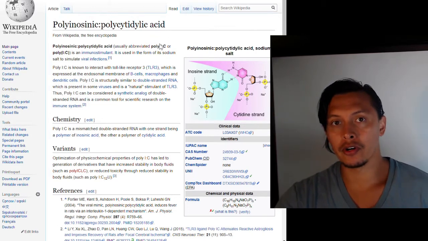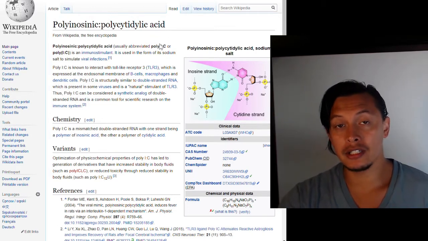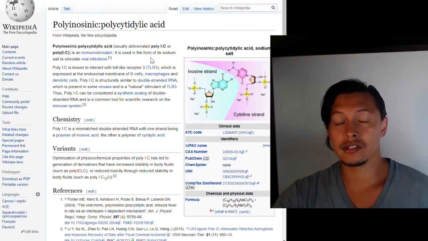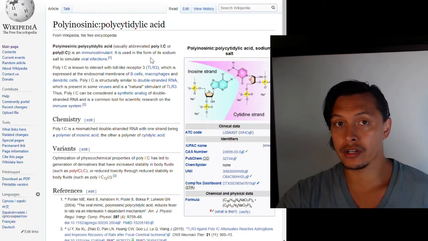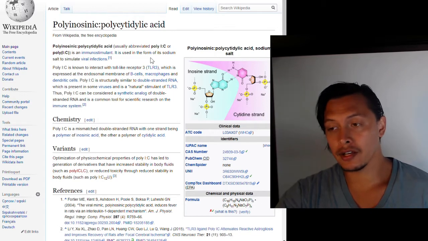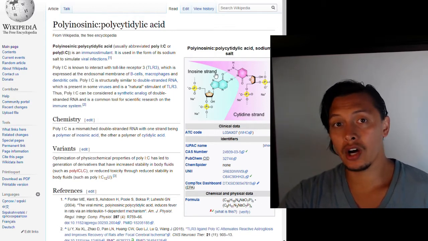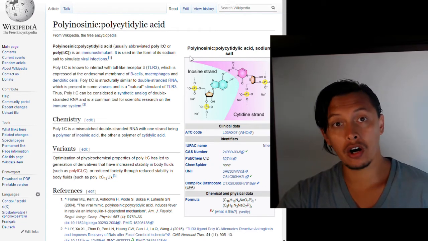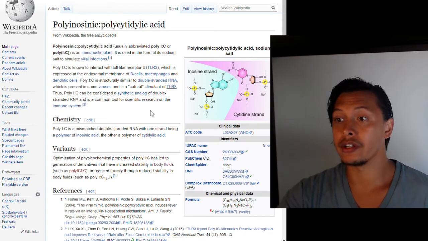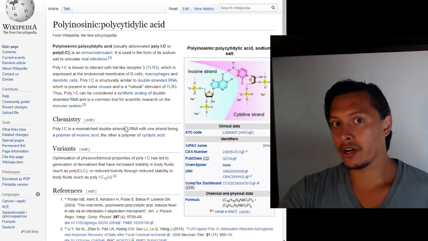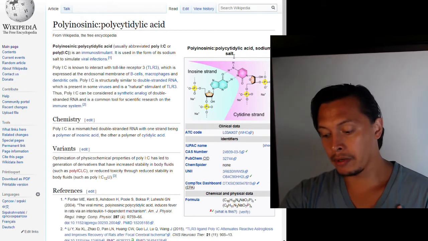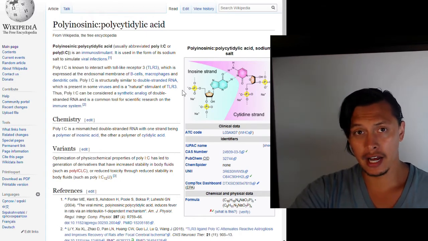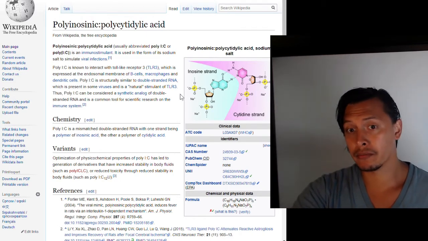So remember, your genetic material can be DNA or RNA, and both DNA and RNA can exist as single-stranded or double-stranded. Since all the DNA in your body is double-stranded pretty much, and all of the RNA in your body is single-stranded, when you see a double-stranded RNA, that would be a way to indicate to your cell that this is not good, this is from a foreigner, not from you.